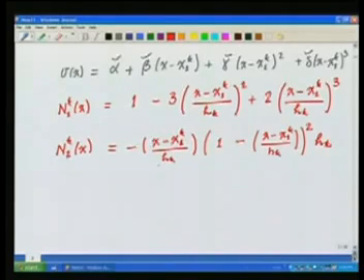So, I can effectively cancel this hk out.